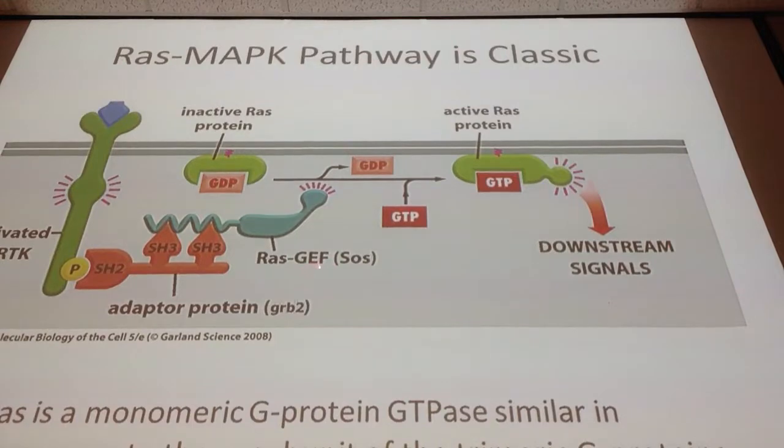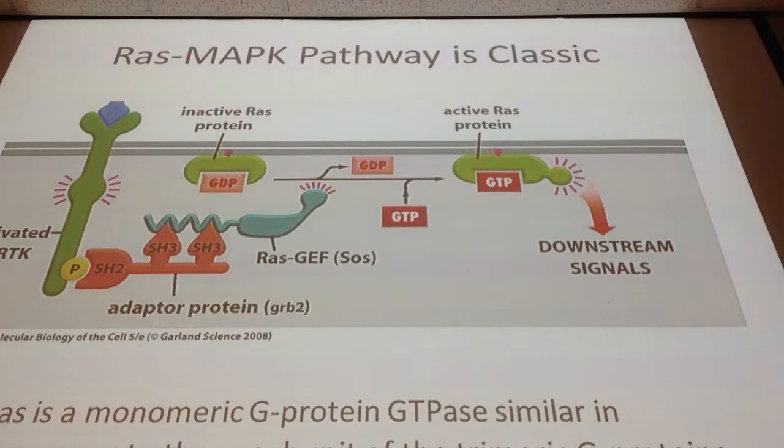So E stands for exchange factor, right? And RAS-GEF is an example of a GEF. And RAS-GEF, of course, carries out the exchange of GDP for GTP on RAS. So that's easy to remember. It's also known as SOS, but don't worry about that.